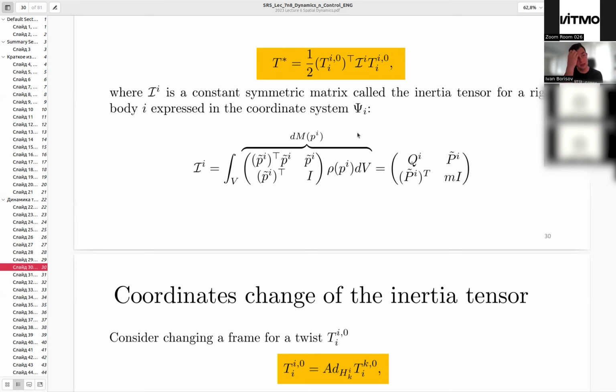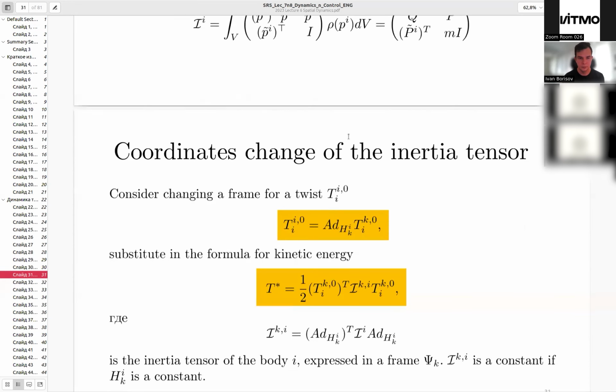If you find such a frame, it will be called the principal frame. And basically, it is at the center of mass of a body. So you can do a coordinate change transformation for the inertia tensor.